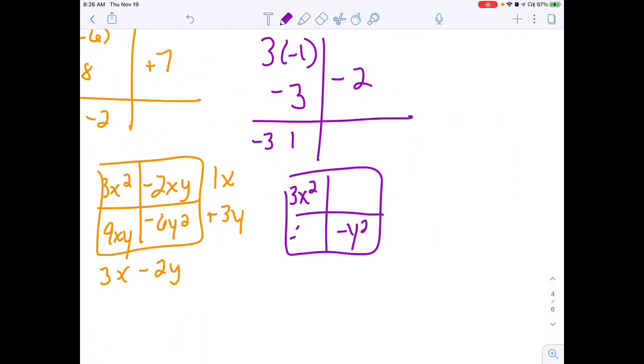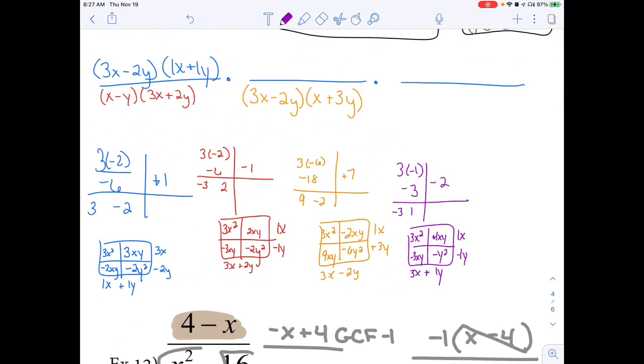So my magic numbers are negative 3xy and a positive 1xy. So my GCFs are correspondingly 1x, negative 1y, and 3x, and positive 1y. So that's going to go in the purple on the top. Dividing by fractions is as easy as pi. Flip the second fraction and multiply. That's why I flipped the purple and the orange.